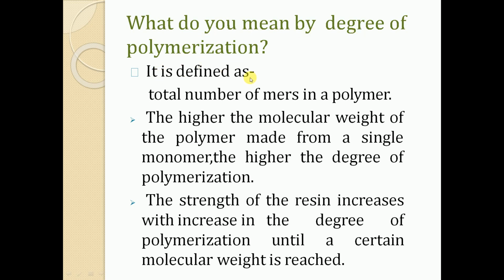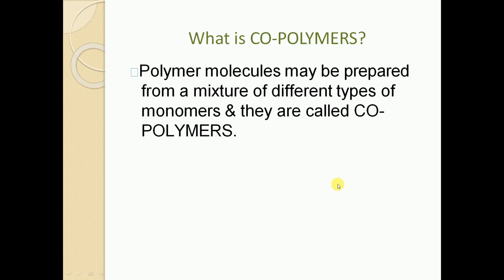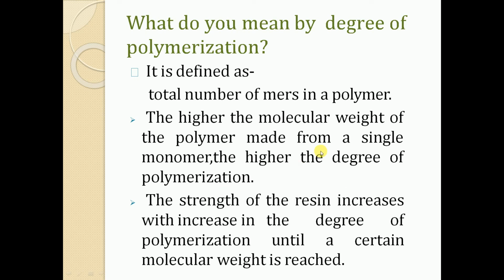It is defined as the total number of mers in a polymer. The higher the molecular weight of the polymer made from a single monomer, the higher the degree of polymerization. The strength of the resin increases with increase in the degree of polymerization until a certain molecular weight is reached.